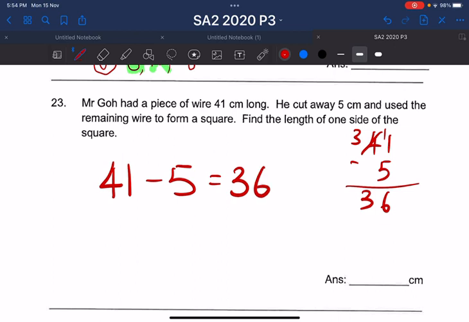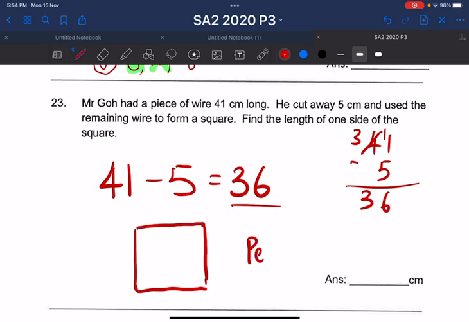He wants to form a square using this 36. So basically this 36, what did he do? He folded it into a square like this. Right, now what does this remind you of? You have squares and rectangles and you have this total length of 36.